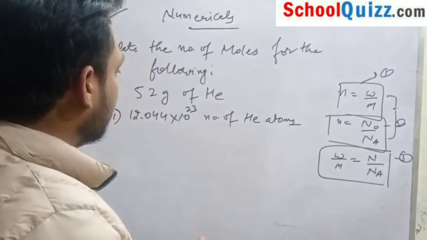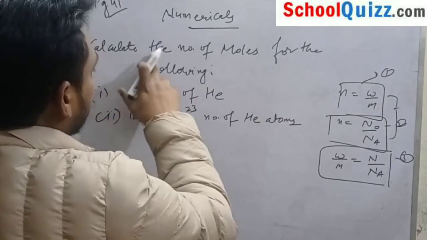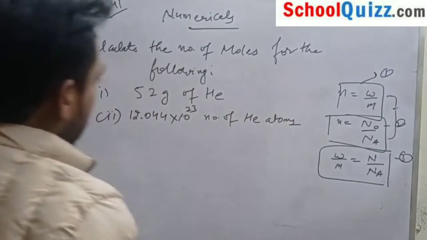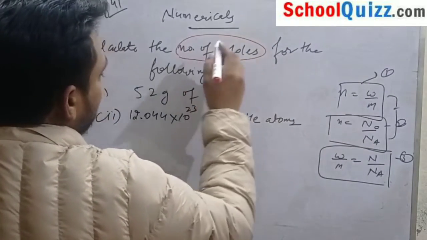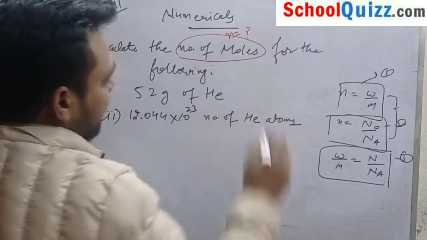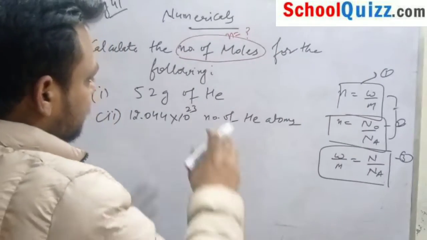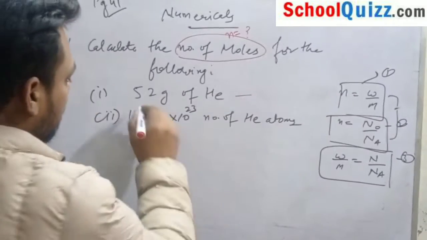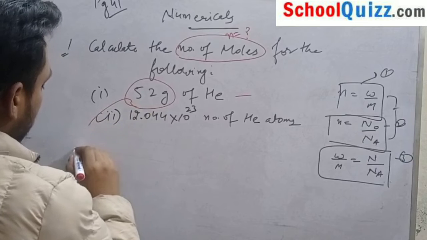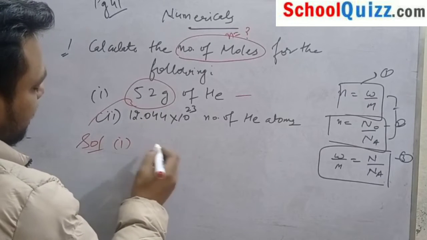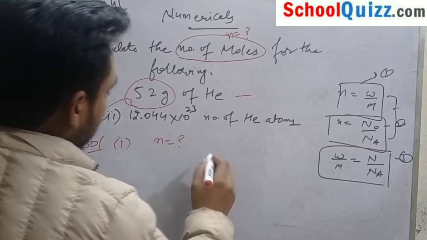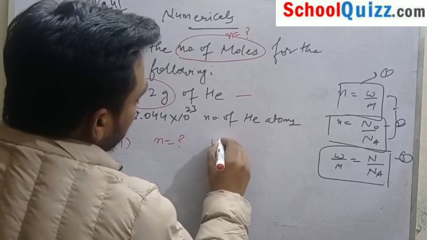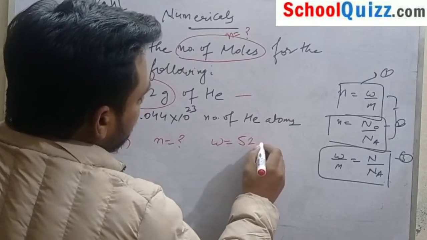So first of all we will read it again. Calculate the number of moles for the following. We have to calculate small n. First one is 52 gram of helium, which says W. If we solve the first part, n we have to find, and the given weight W is 52 gram.